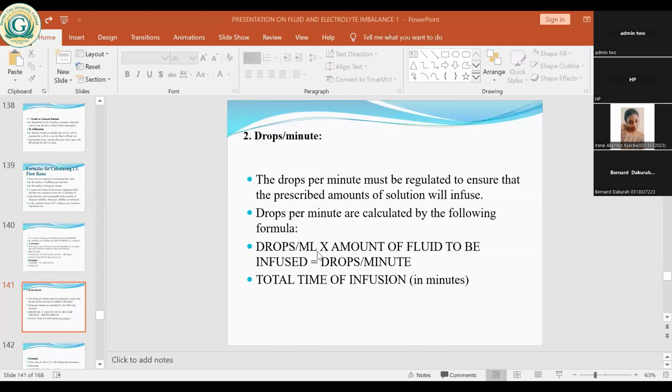The amount of infusion should be in mils, and the time in minutes. That gives you drops per minute.